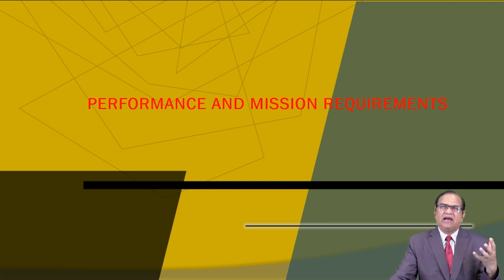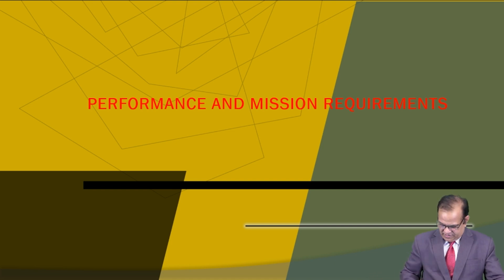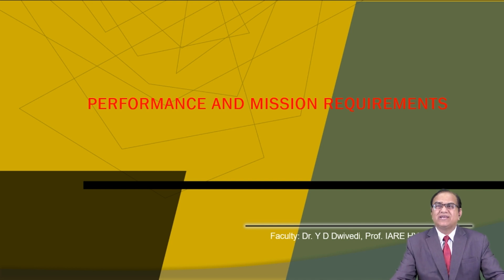What are the basic characteristics and parameters to assess the performance of the aircraft, and what are the mission requirements for any aircraft? We have different types of missions, and in the mission requirement you will have the range, endurance, landing, takeoff, cruise, climb, maneuver, and many more.